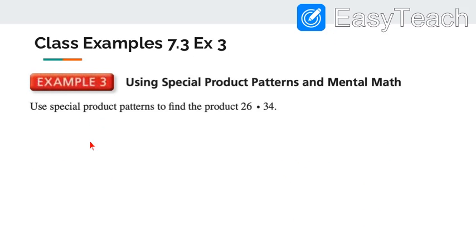You can also use this to help you solve out different things. So when you think about the numbers in between them, you can break things apart. So then we can say, well, hey, 26 is really 30 minus 4, and then 34 is 30 plus 4.